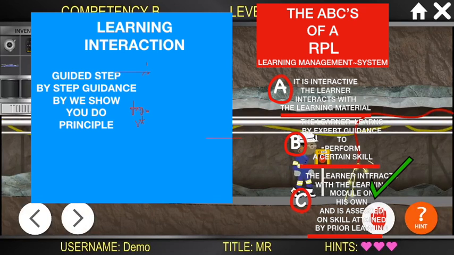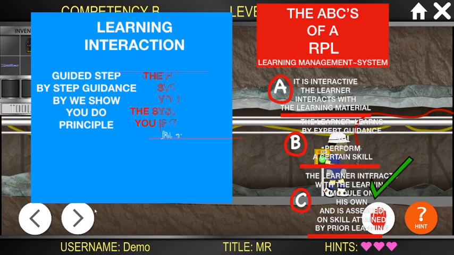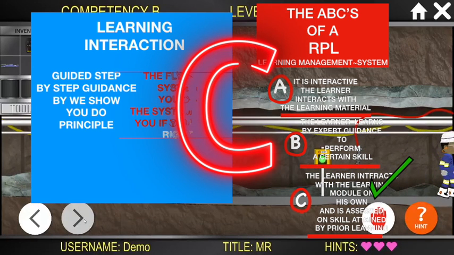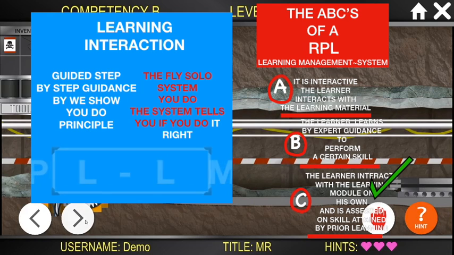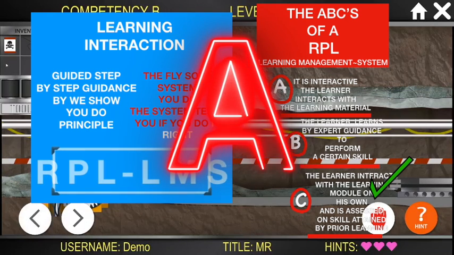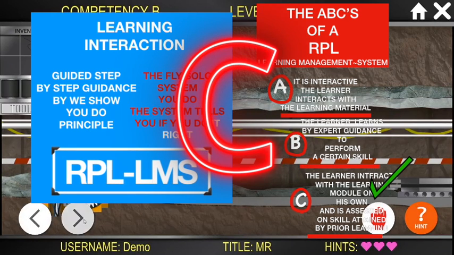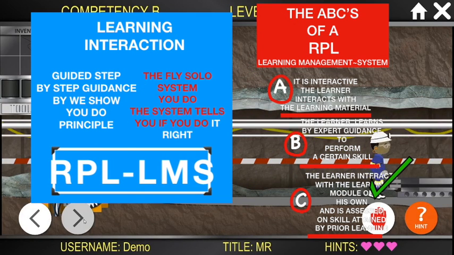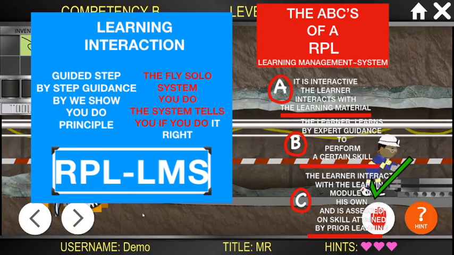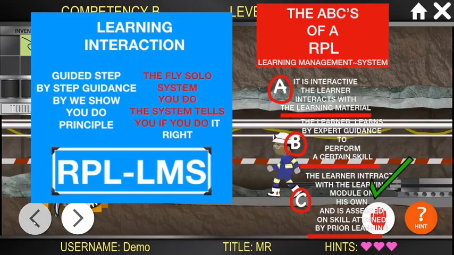And then it is time for the learner to fly solo. The system will tell him if he is doing what he's supposed to do right. Well, if you can say A, B, C, you can learn and acquire certification on an RPL LMS.